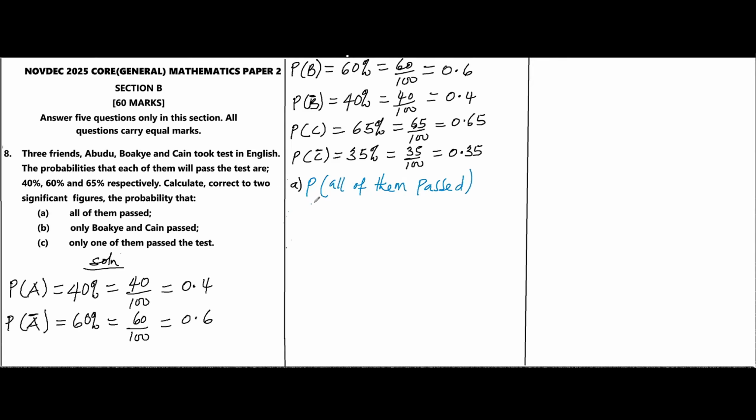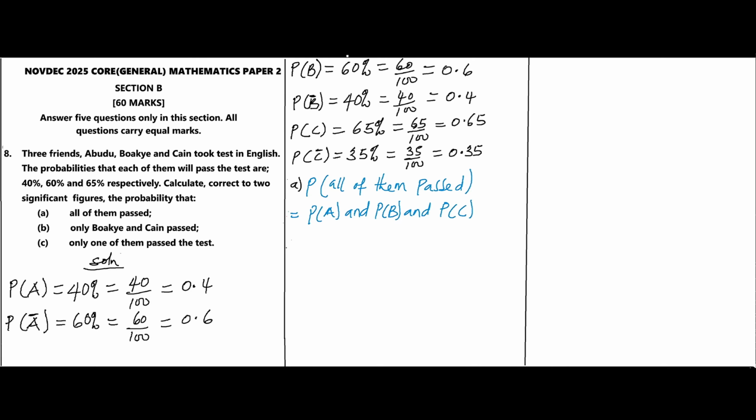For all of them to pass, it means that Abudu must pass and Boakye must pass and Cain will pass.